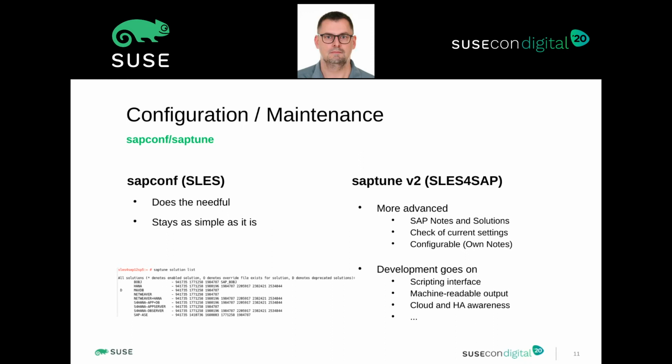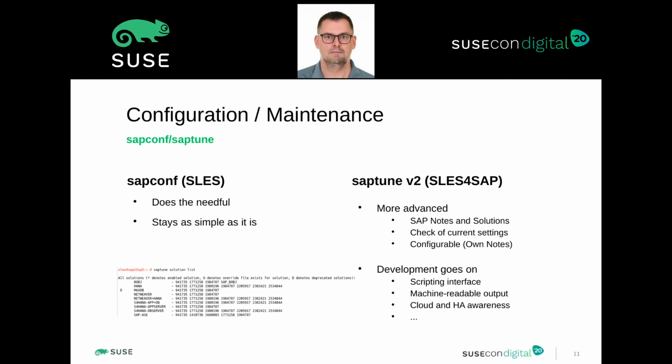So sapconf does not implement full SAP notes, just only the necessary. You can consider it more like a simple on and off switch, tuning on, tuning off. Of course, you can disable or change the values of the various parameters, but you cannot add any new parameters to sapconf. That's not possible.